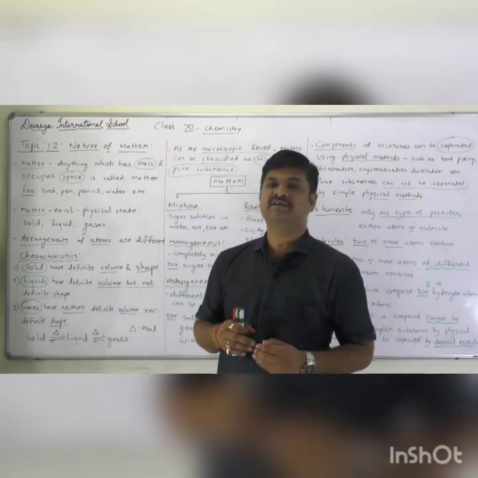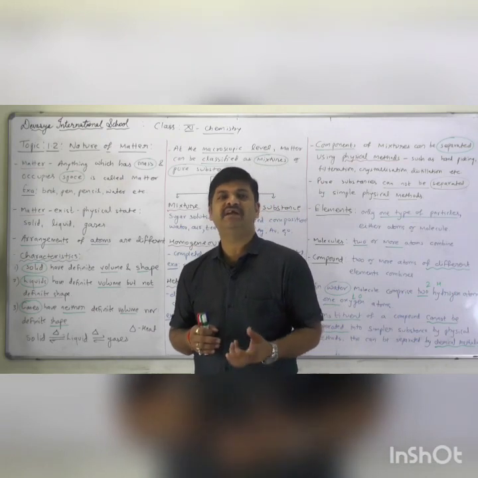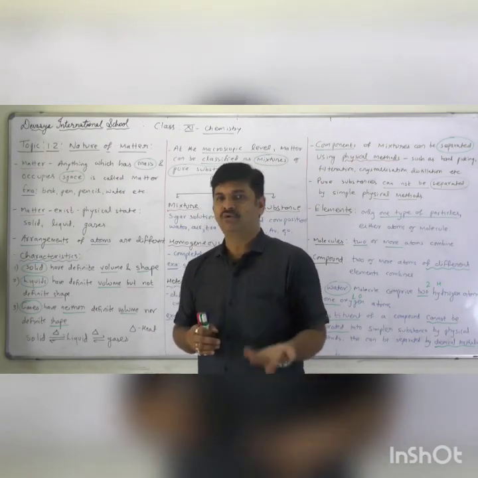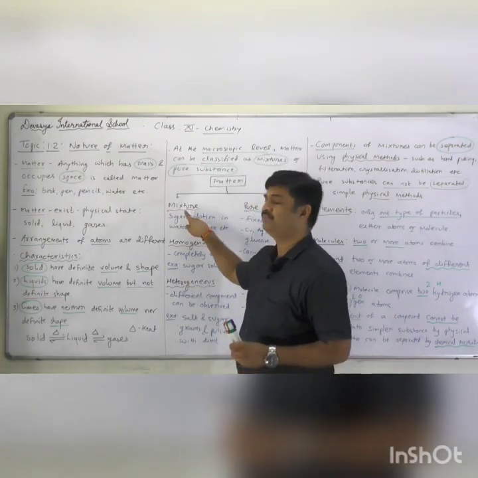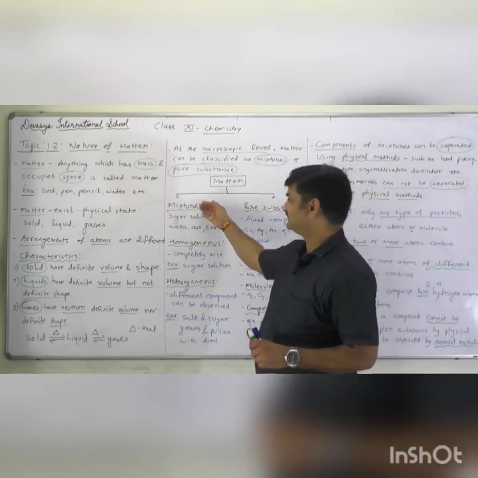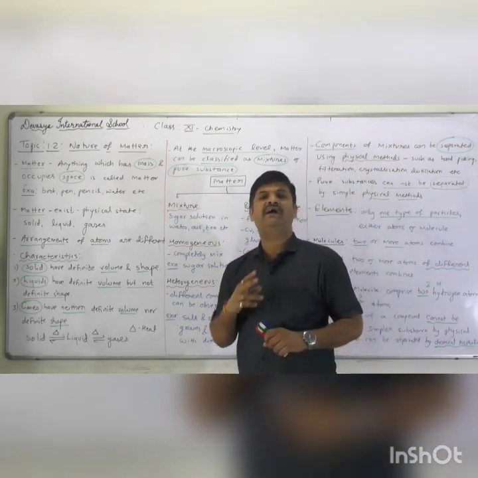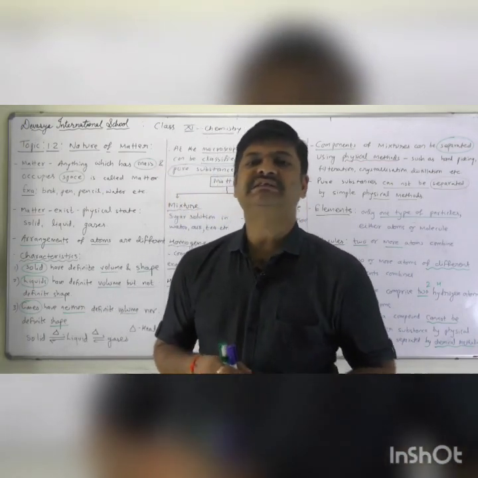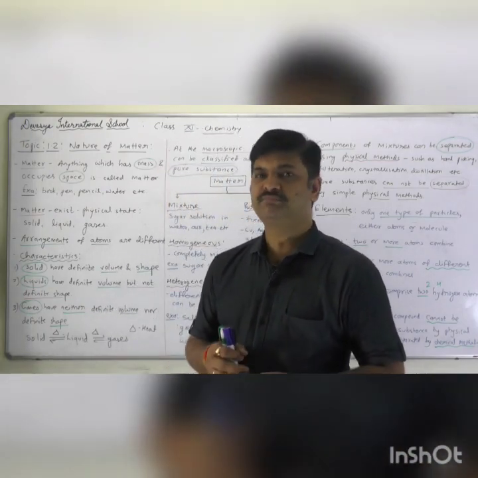In case of mixture, amount of added material may be fixed or not fixed. So that type of thing are included in case of mixture. Now mixture is further divided into two parts: homogeneous mixture and heterogeneous mixture.